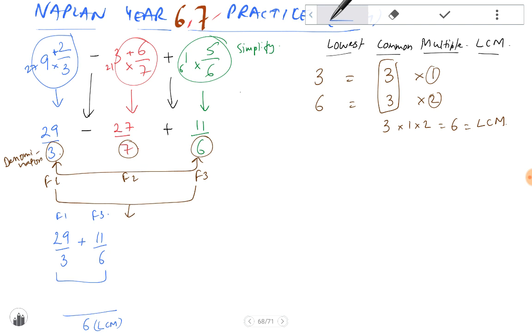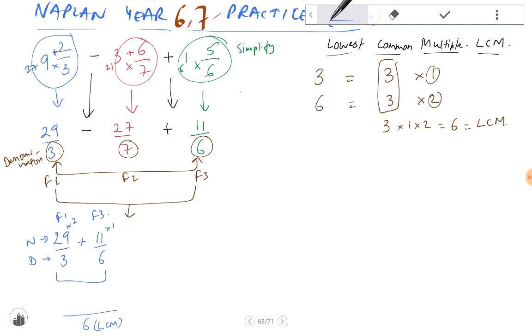Now because we have 3 in the denominator of fraction number 1, we have to multiply the numerator by 2, and in fraction number 3 we will multiply this by 1, because 6 times 1 is 6.